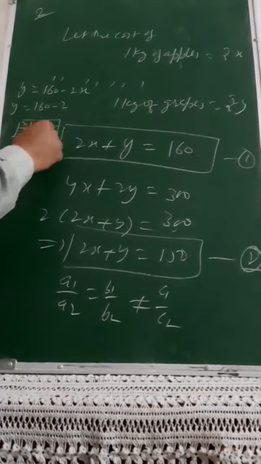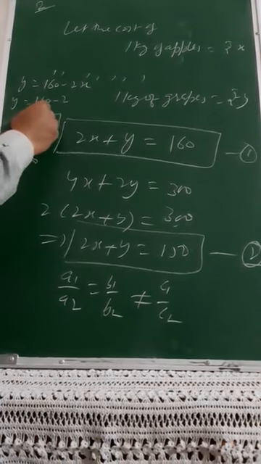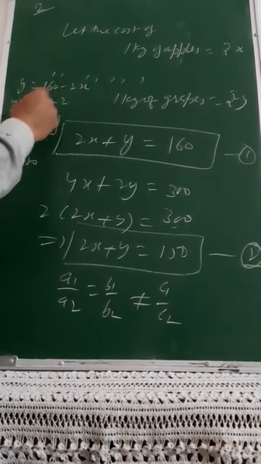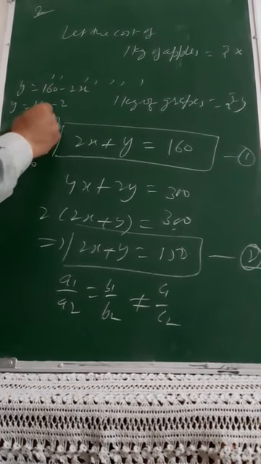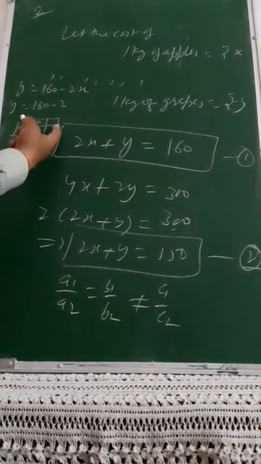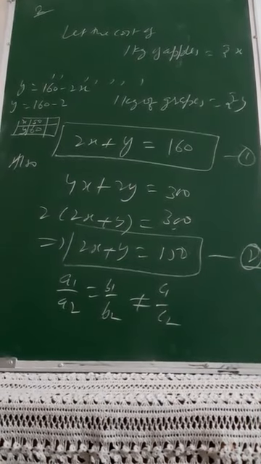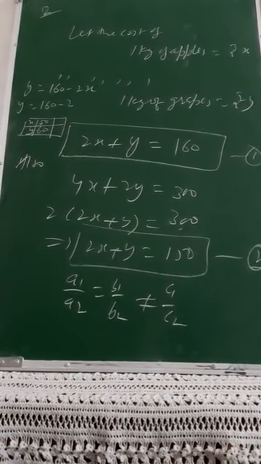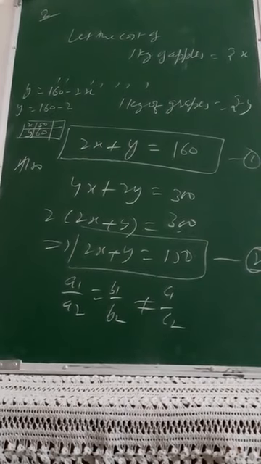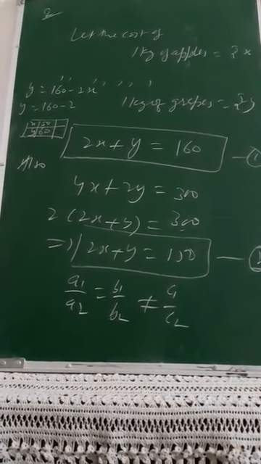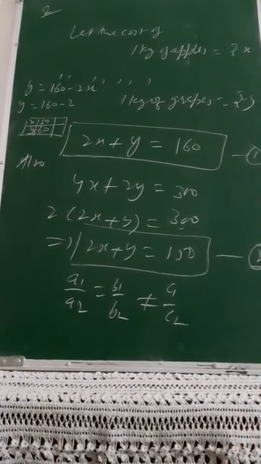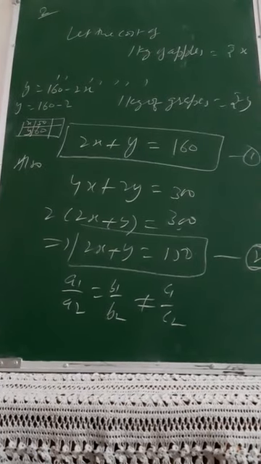Suppose you take x is equal to 50, so 2 fifties are 100, 160 minus 100 is again 60. Now I am getting x in terms of 50, and y in terms of 60. Please give preference to such scales, so that along the x-axis you can calibrate in terms of 10, 20, 30, 40, and along the y-axis also 10, 20, 30, 40. In that way it will always be convenient for you people.